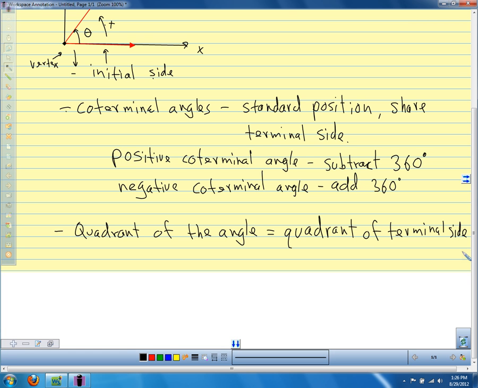So we just want to know what quadrant the terminal side of our angle is. So a question might ask you what quadrant is an angle of 240 degrees, and we're trying to figure out what quadrant the terminal side is in if the angle is in standard position.